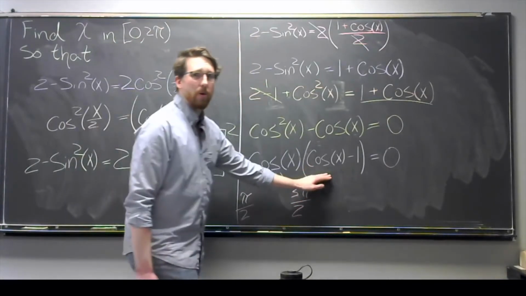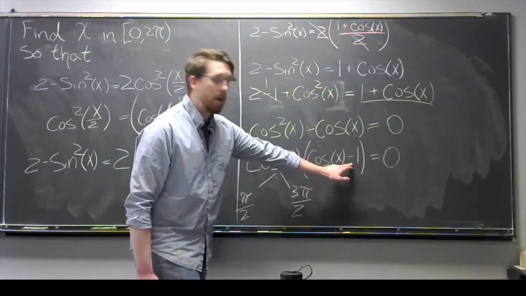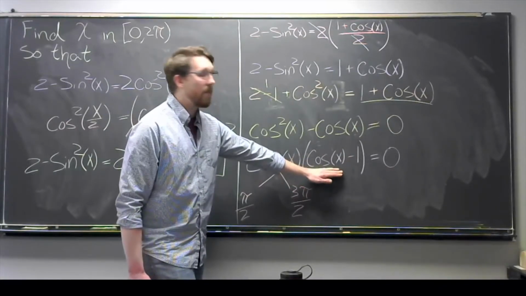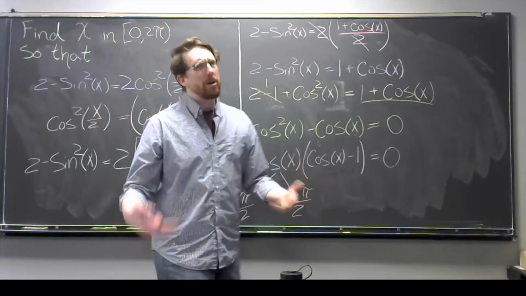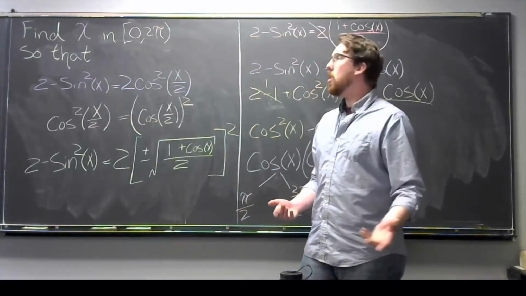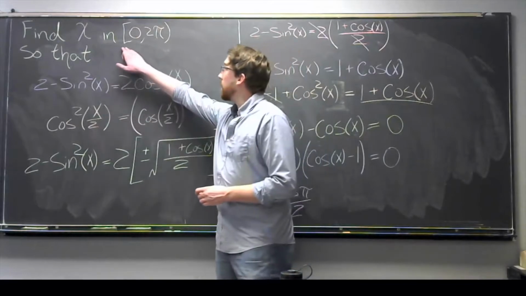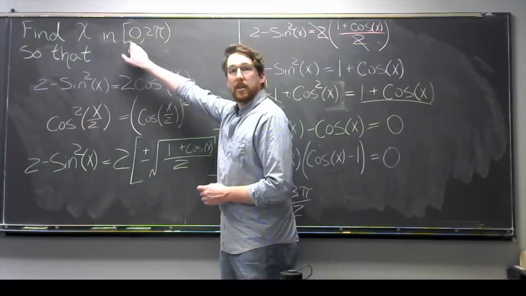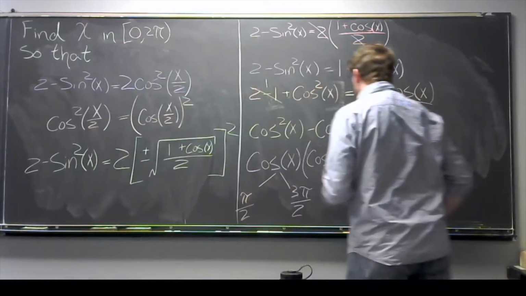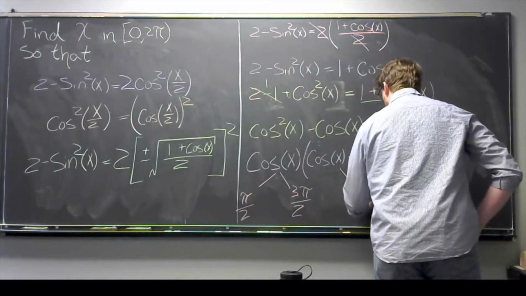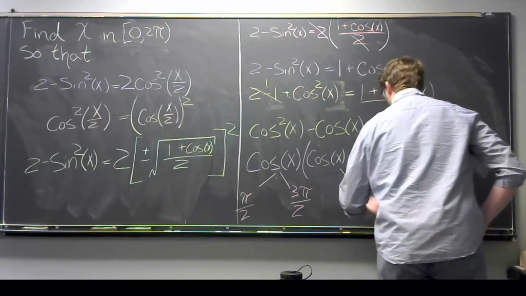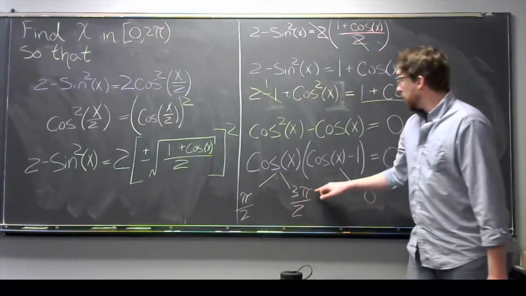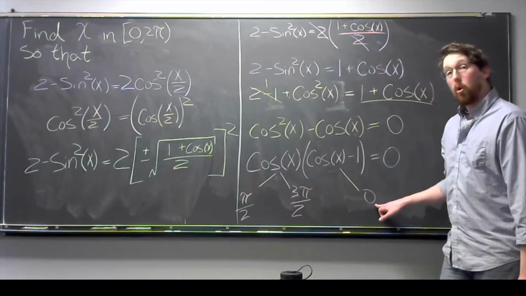Well, this cosine minus 1 is only going to be 0 whenever cosine of x is equal to 1. But cosine of x can only be 1 inside of this boundary whenever x is equal to 0. So this means our answers have to be pi over 2, 3 pi over 2, or 0.